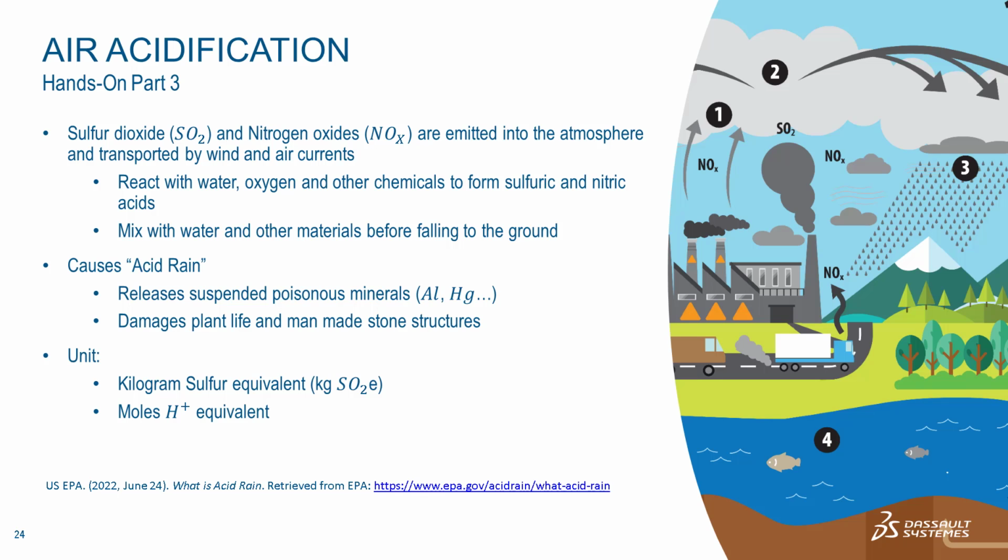It can cause over time damage to plant life, and it can also cause damage to man-made stone structures. And again, we see this notion of equivalency. So the units can either be sulfur equivalent or moles of the positive hydrogen ion equivalent in measuring air acidification.